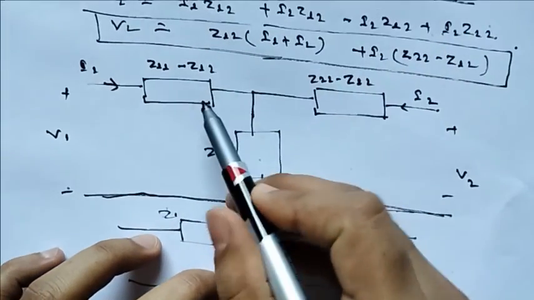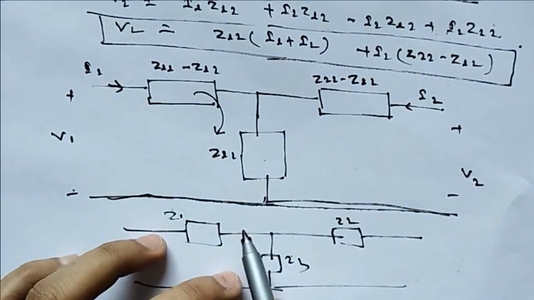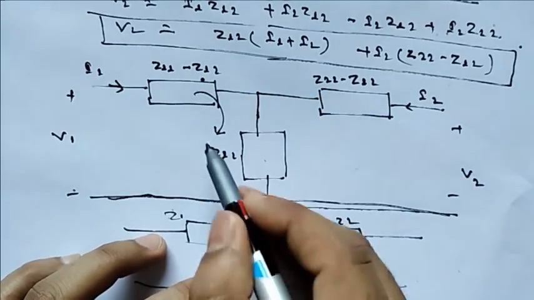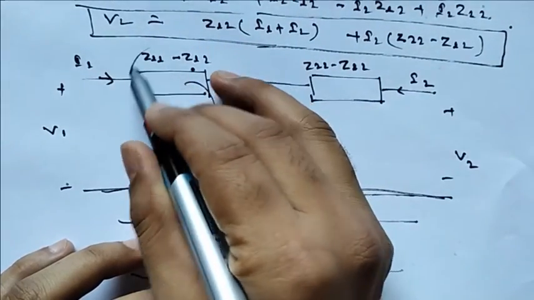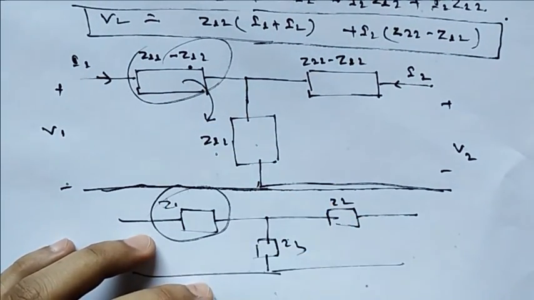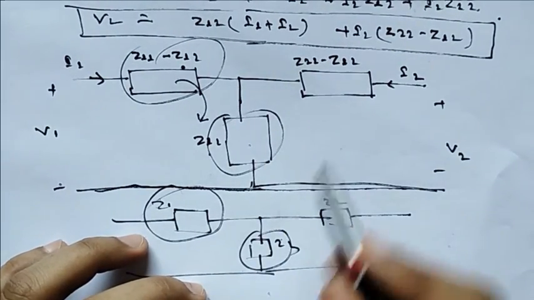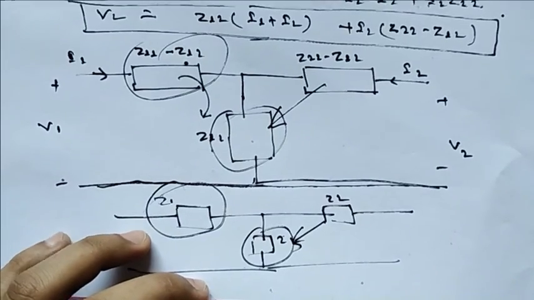Now if I add these two, Z12 will cancel, Z11 minus Z12, so we will be having Z12. From here, by comparison also we can see this will be equal to Z3, Z12 is equal to Z3, and if you add these two, then it will be equal to Z22.